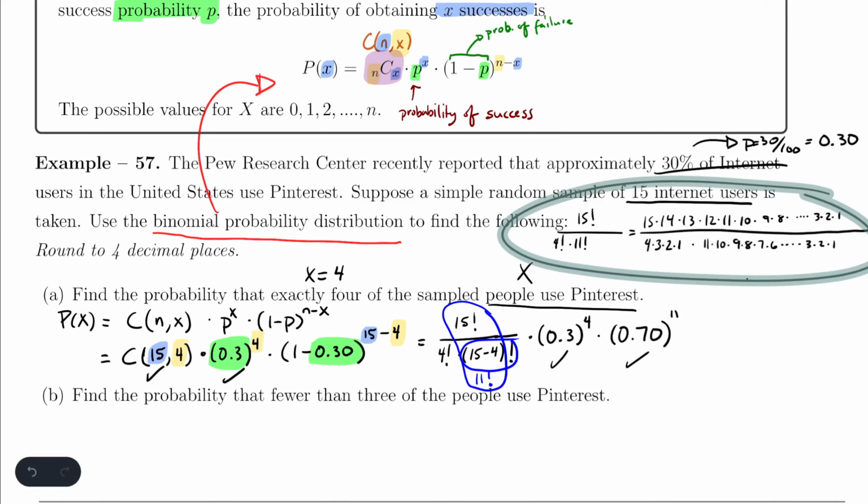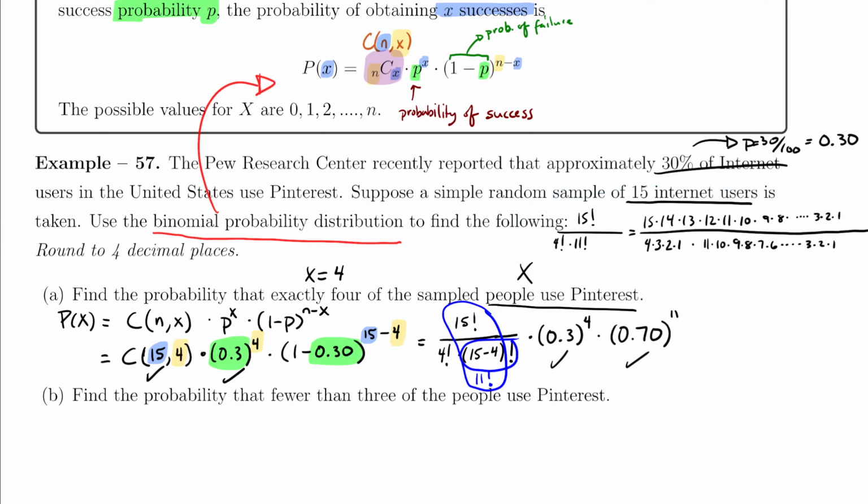What happens is the top becomes 15 times 14 times 13 all the way down to times 1. The bottom, being 4 factorial, is 4 times 3 times 2 times 1, multiplied by 11 factorial, which is 11 times 10 times 9, etc., all the way down. And we see there's quite a bit of cancellation. The 11 times all the way down to 1 is at the top and at the bottom, and it's only multiplication, so those will cancel.